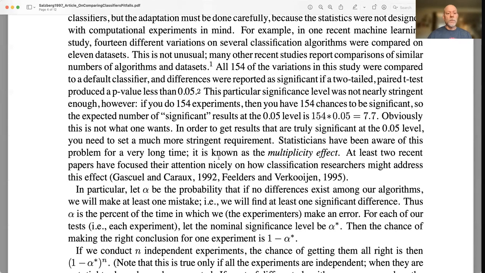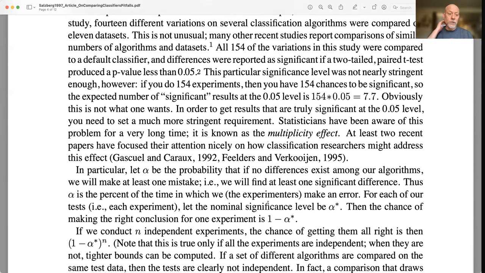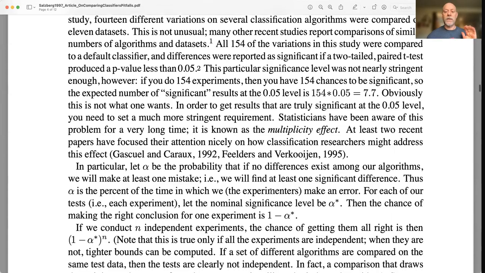At least two recent papers have focused their attention nicely on how classification researchers might address this effect. And he quotes two papers here. Take a look at the manuscript if you want to see who those are. And I want to say that this is a wonderful case of citing other people's work in a complementary way by use of the adverb nicely.